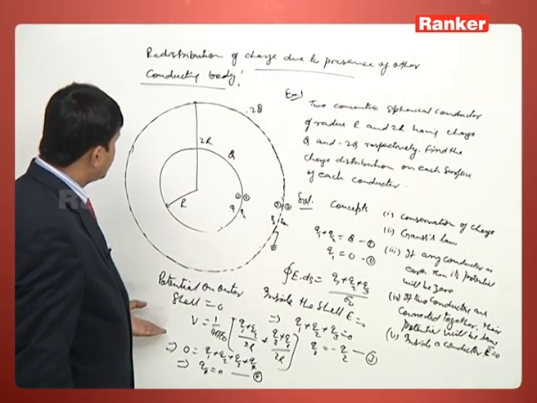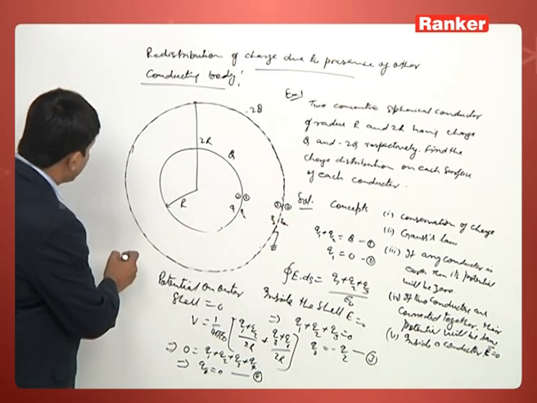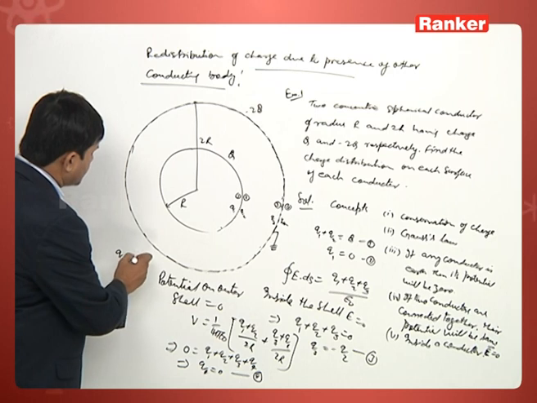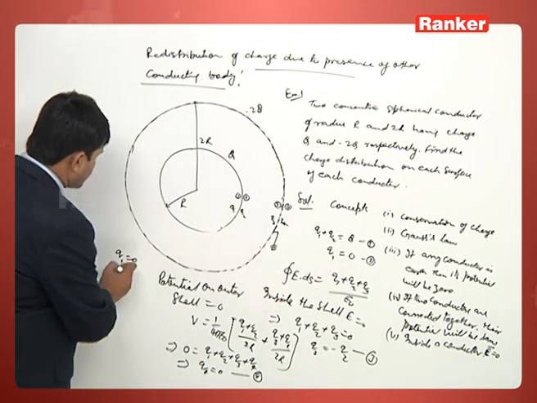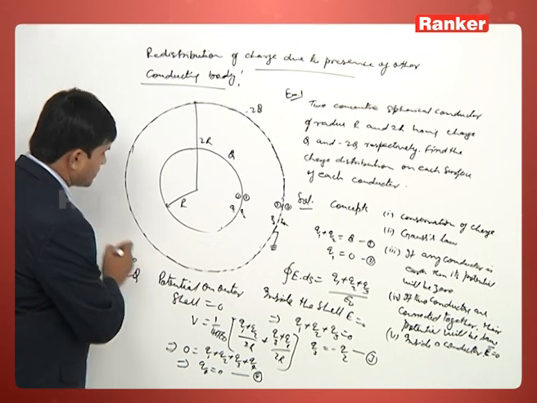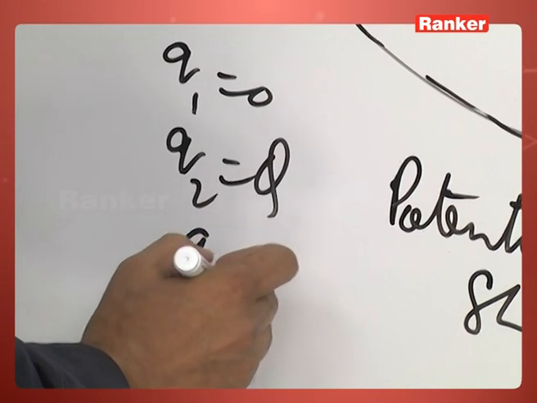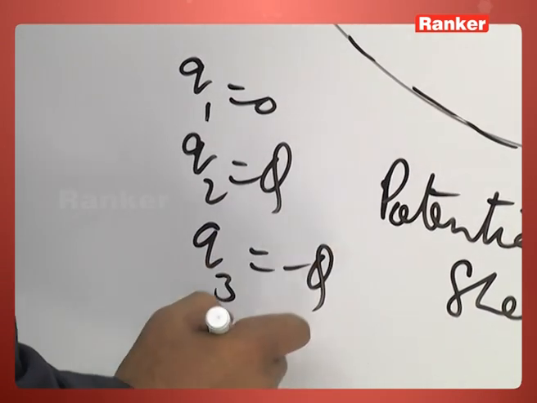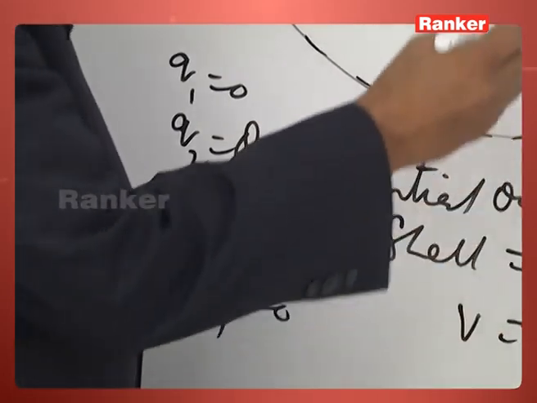So we have these four answers. Finally Q1 is 0, Q2 is Q, Q3 is minus Q2, so Q3 is minus Q, and Q4 finally is 0. Now see the distribution of charge here.